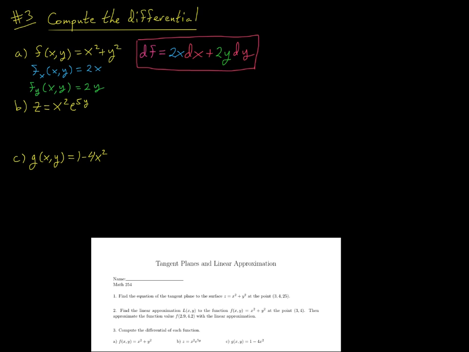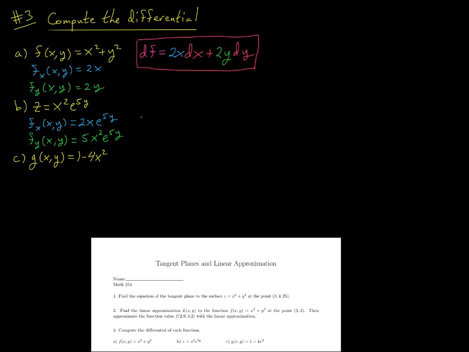All right, for B and C, pretty much the same idea there. So here we would have for our f_x, well, 2x e to the 5y, and our f_y would be, don't forget the chain rule factor here, 5x squared e to the 5y.